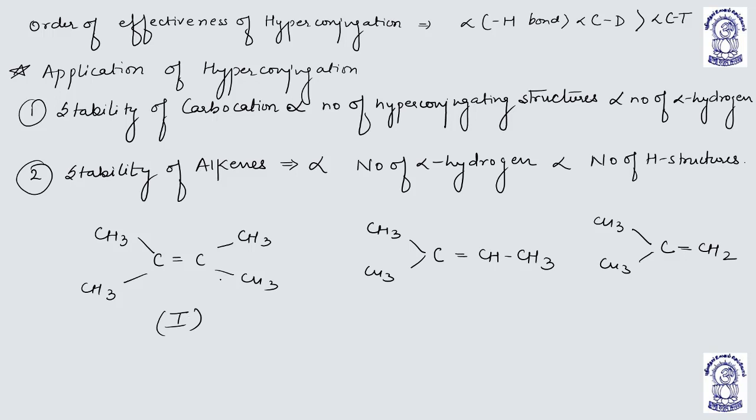Okay, more number of alpha hydrogens, alpha carbon, alpha carbon, alpha carbon, alpha carbon. Okay, this is more stable. Then third. Understood?